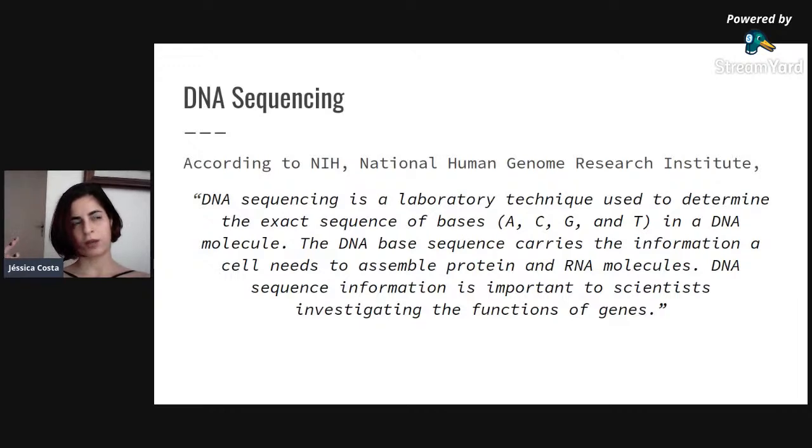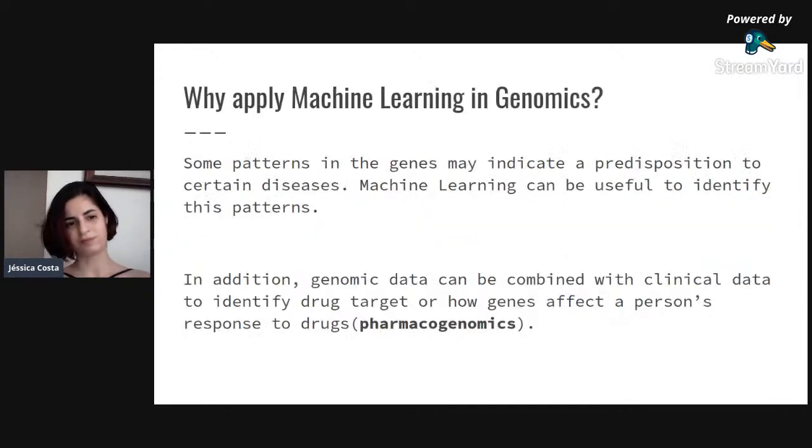When we think about databases, many data, big data, we need to analyze this data. But human analysis of data is complicated, it's difficult. So computation is a good tool to work with this information about life.